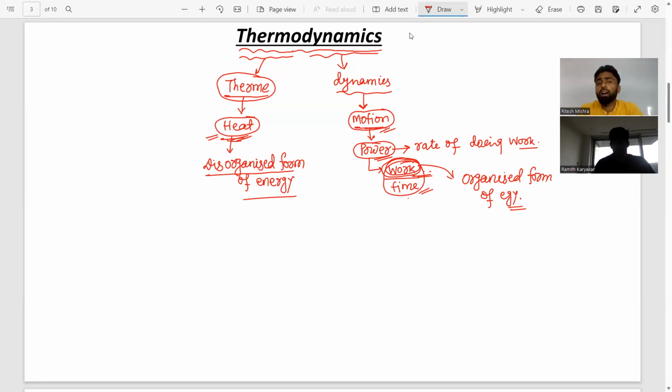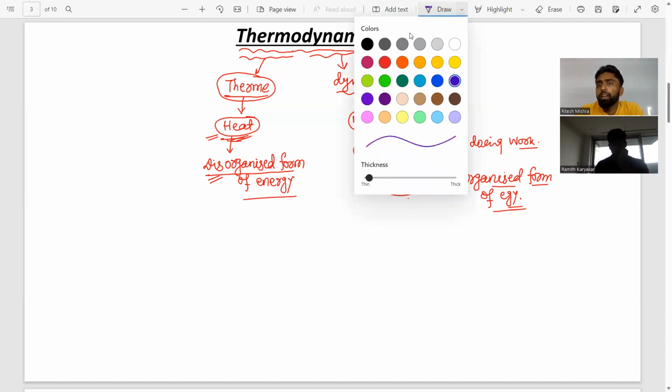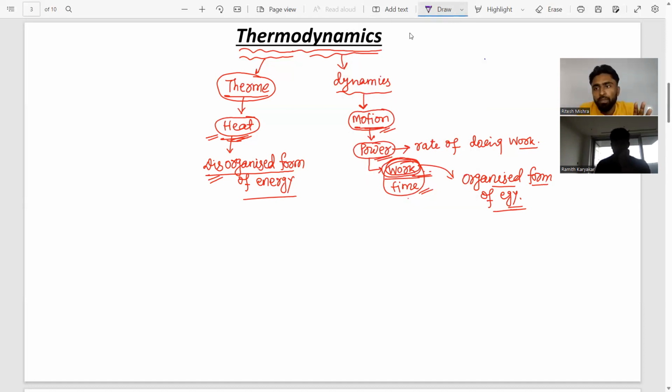So that's why heat is called a disorganized form of energy. And work is called an organized form of energy because we can easily convert it into heat fully. From here, one more name is given to work, that is high grade energy.